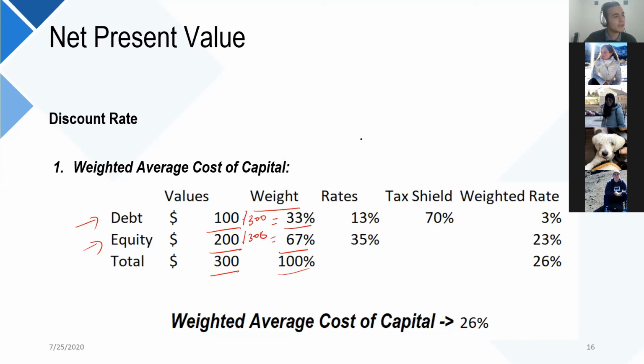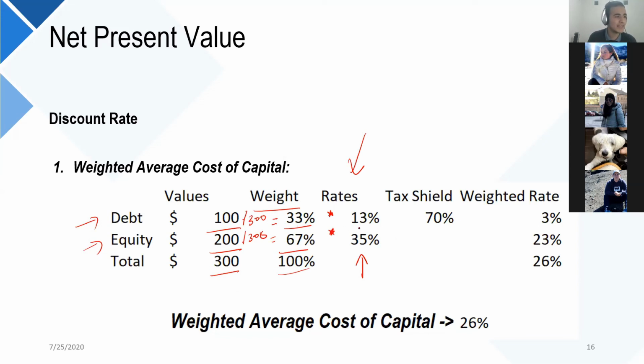Now I have rates, and I have this bank loan. It's 13%. So I just have to multiply this 33% times this rate, and I have this equity, and I expect to have a 35% return on my equity, on the capital I'm investing from my savings in this project. So I multiply that here.